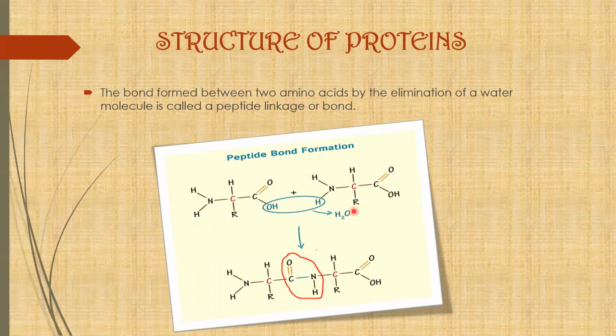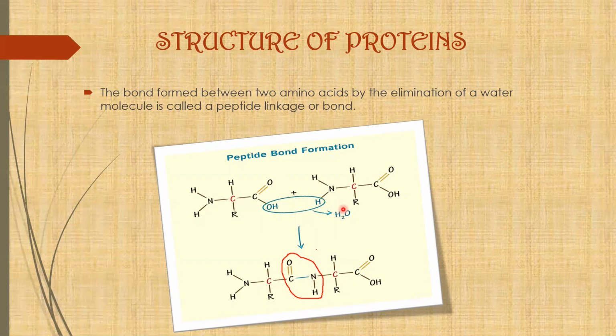Different structures of protein, as I told you, we can classify proteins on the basis of their structures. The bond formed between two amino acids by the elimination of a water molecule is known as peptide linkage or peptide bond. That is why it is known as peptide, because after the removal of water molecules, here you can see it is forming CONH, which is a peptide bond.